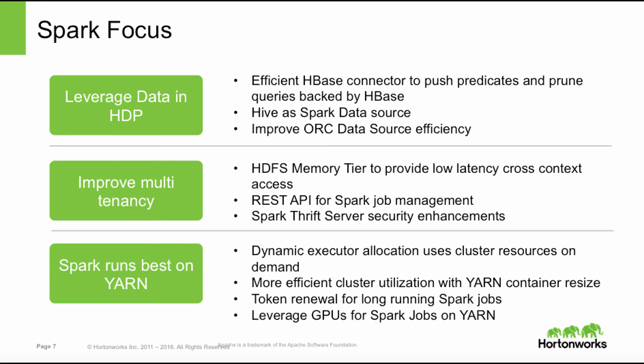So there's quite a bit of work in the Spark community, especially on how Spark interacts with YARN, to make sure that we can scale down and scale up appropriately when those resources aren't being used, but also take care of the benefit of having those resources available. So we'll see a lot of continued changes in that space.